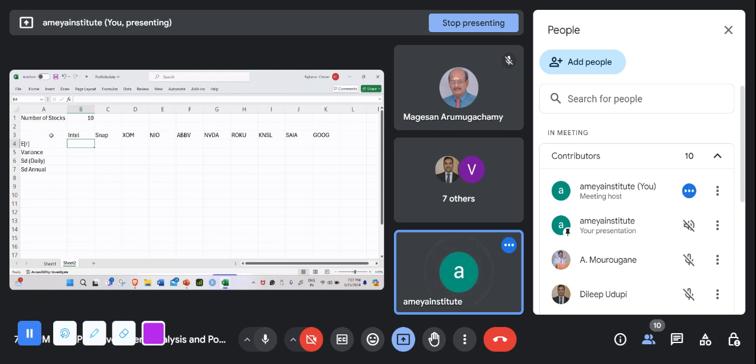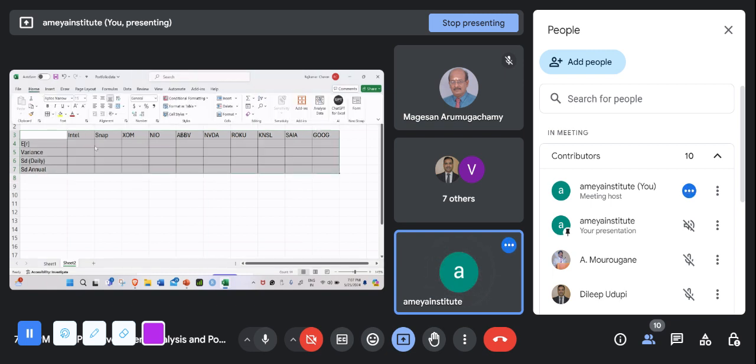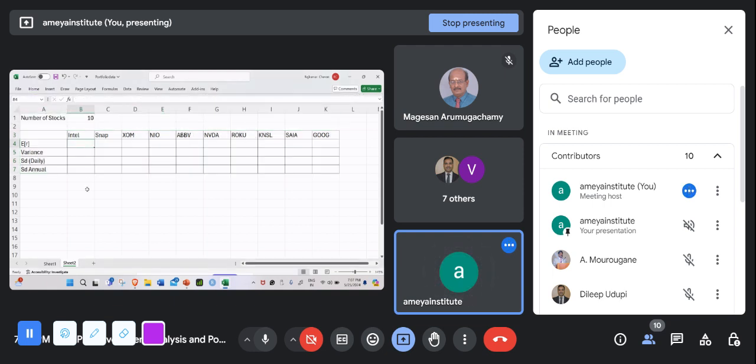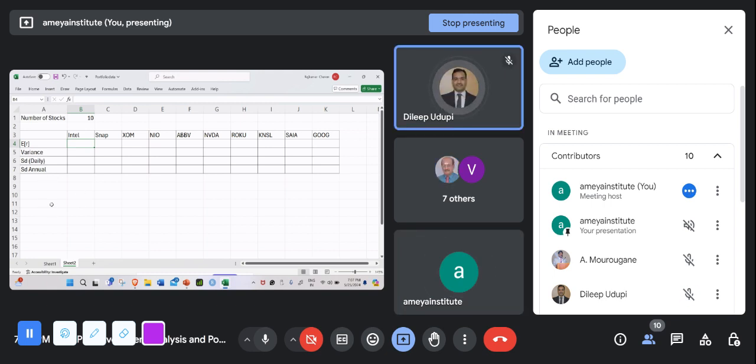Everyone got it? We'll select this one and make it border. So shall we do the calculation? Yes.